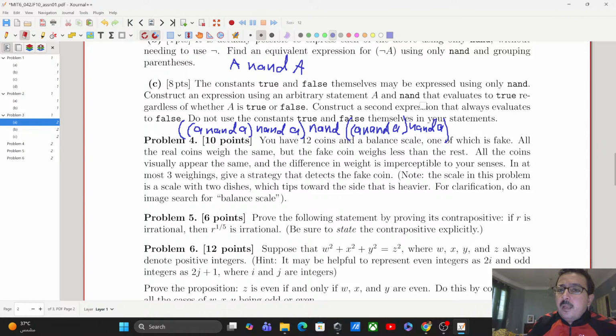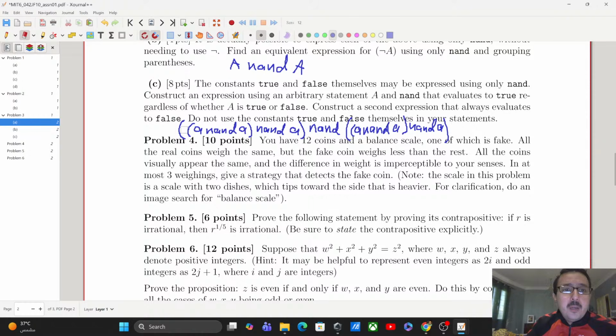And A, and then that evaluates to true regardless of whether A is true or false. So this is gonna be all false, false, false.